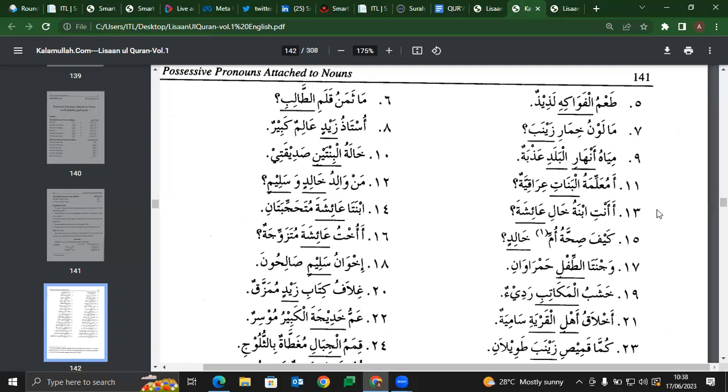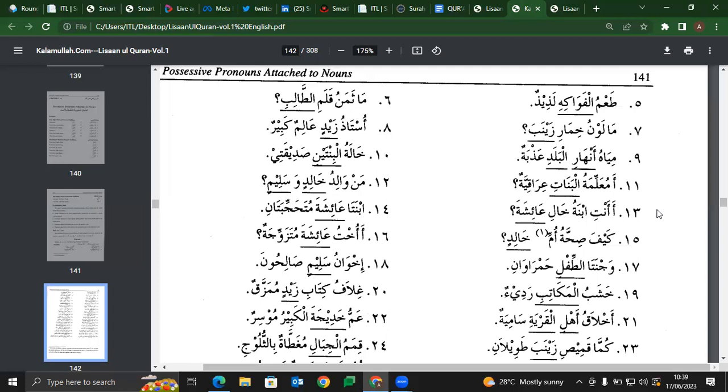See, now this is the problem. When you start to translate this first, maybe you'll understand. There is a slight point you're missing. Anti, are you, khali is paternal aunt, right? It's aunt.